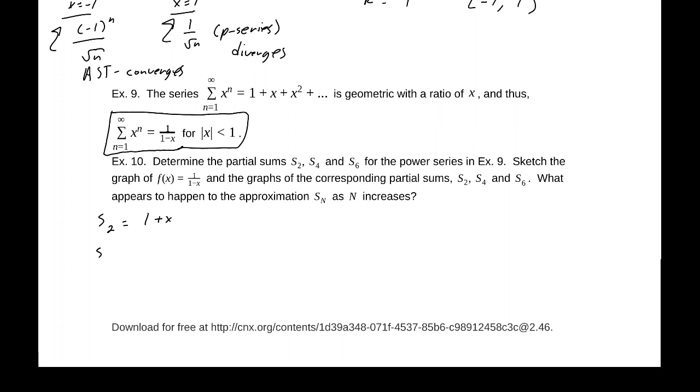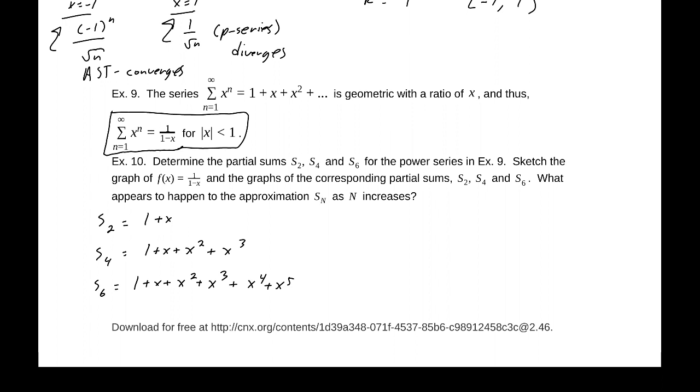S4 would be the sum of the first four, so 1 plus x plus x squared plus x cubed. And then we'll add the first 6 terms: 1 plus x plus x squared plus x cubed plus x to the 4th plus x to the 5th.